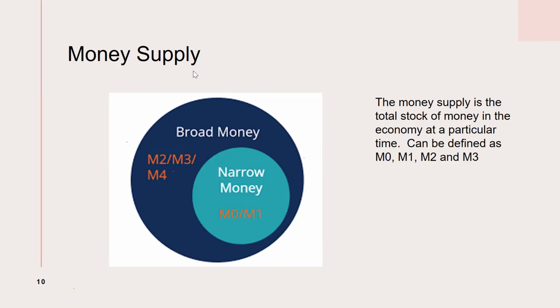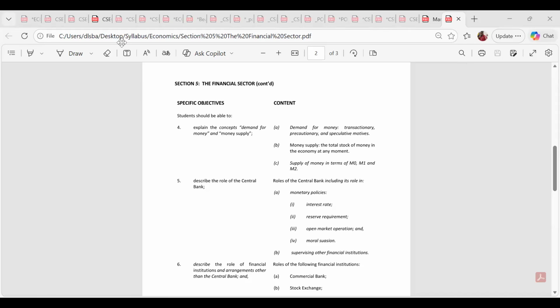I said before I explain what that is, I just want to show you something real quick. This is the economics syllabus, and I want you to see that on the syllabus, they only have M0, M1, and M2.